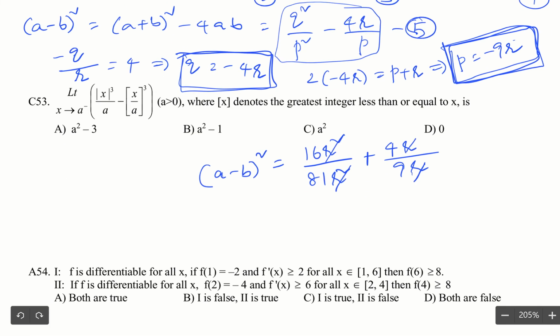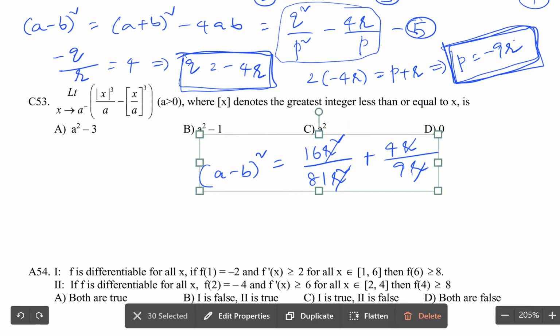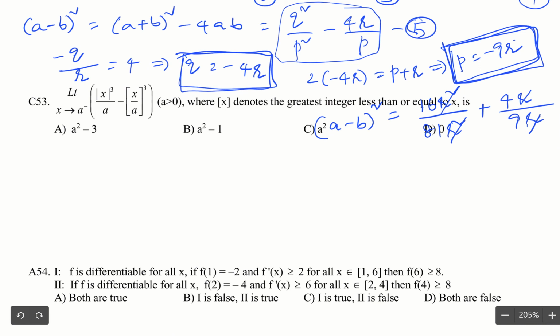And now coming to this problem, here in this problem we know that x is going to a from left hand side.